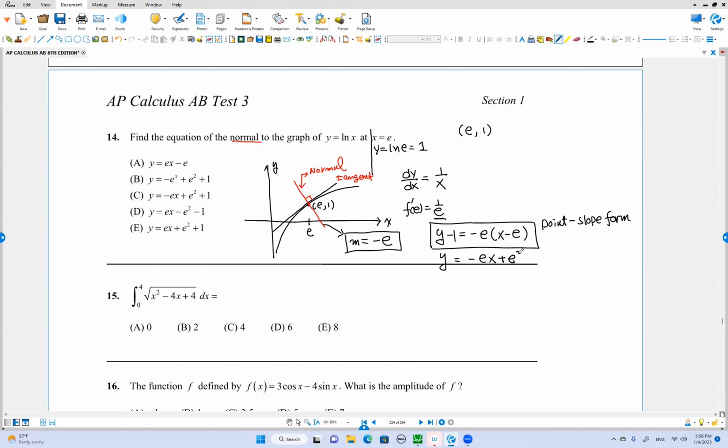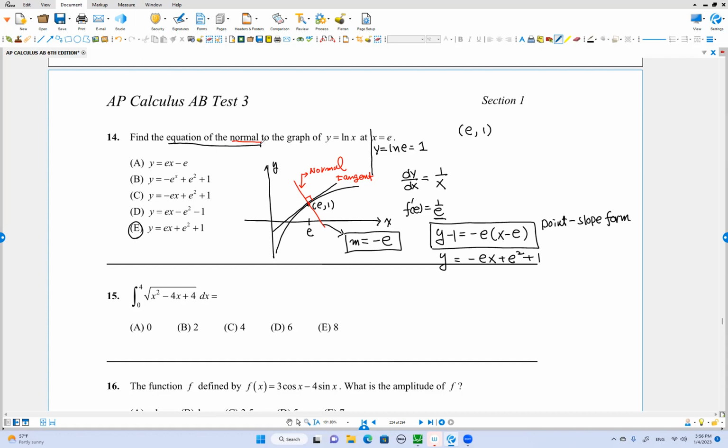Positive e squared, and over here plus 1 there. That's the equation: y equals negative ex plus e squared plus 1, okay? That's the equation of this normal. It's okay, right? Yeah.